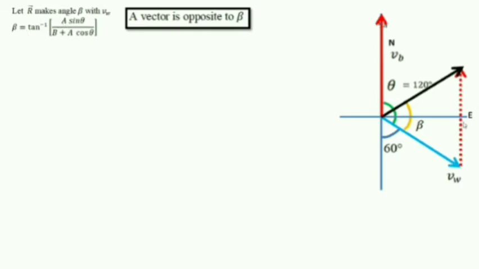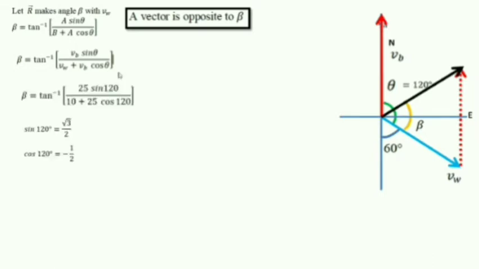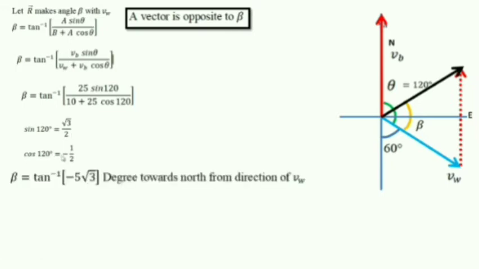Opposite to beta is V boat, so I write V boat here and V water here. If you solve this, with sine 120 as root 3 by 2 and cos 120 as minus half, you'll get beta equal to tan inverse of minus 5 root 3 degree towards the north from the direction of V_W.